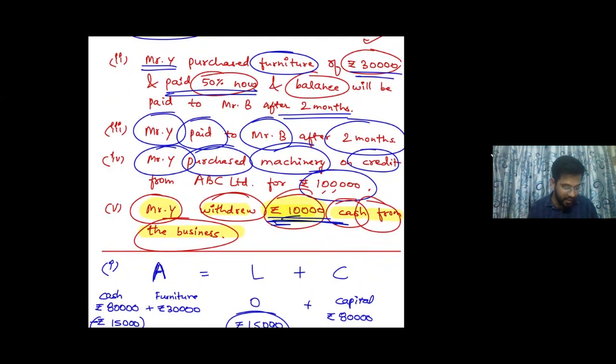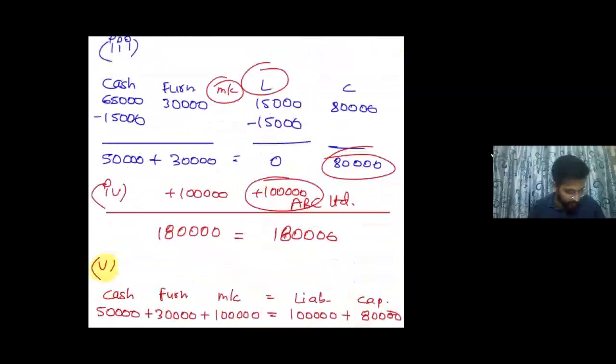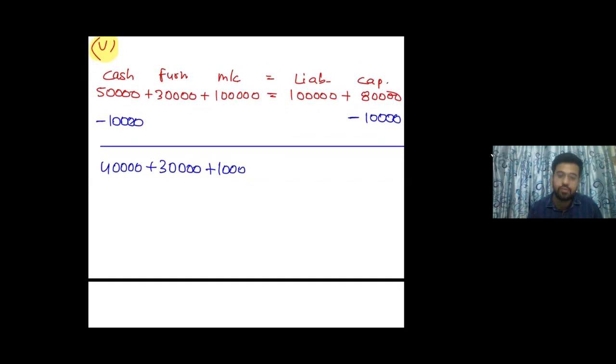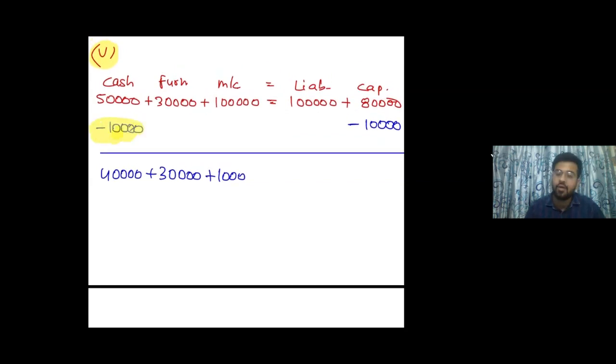Obviously, he has taken the cash, so my cash will reduce by 10,000. So it would be minus 10,000 in cash, minus 10,000 in capital, and finally I would be remaining with 40,000 of cash, 30,000 of furniture, and 1 lakh of machinery. What would be my liability?